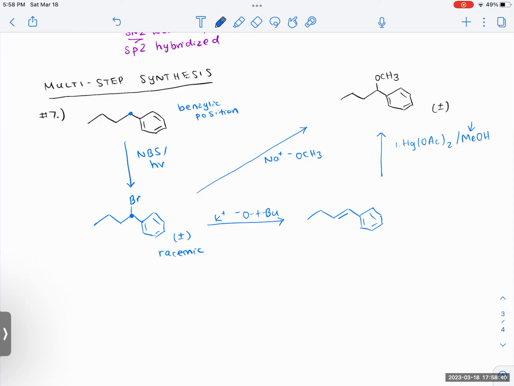Because we're adding methoxide, so we need the methyl there. You could also write CH3OH, both are correct. And then NaBH4, right? Because we're adding in the benzylic position. So this is actually the higher priority or Markovnikov position. So yeah, you can just add it that way. So both directions are correct. Sometimes you just forget reagents, so being able to do it in a different way is really helpful.